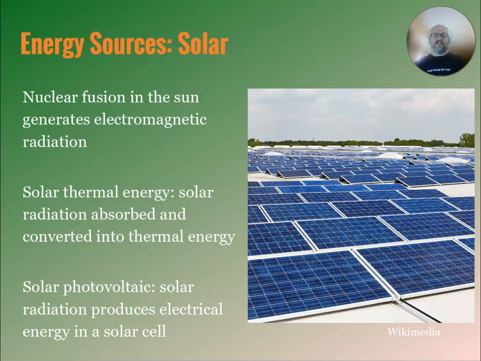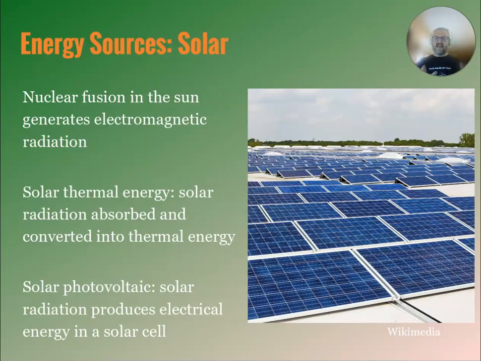More common these days is what we call solar photovoltaic energy. So solar photovoltaic, or solar PV, is a system by which the solar radiation hits a special type of cell that then directly converts that into electrical energy. So it creates an electrical current when the solar energy hits those solar cells.